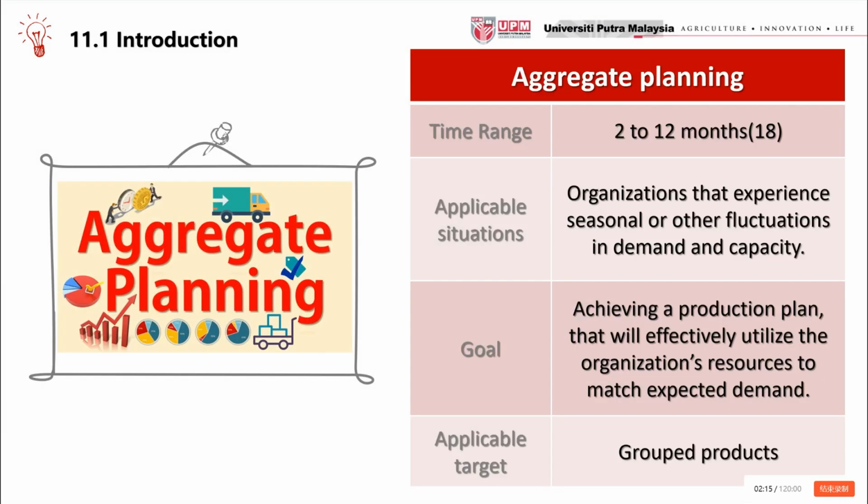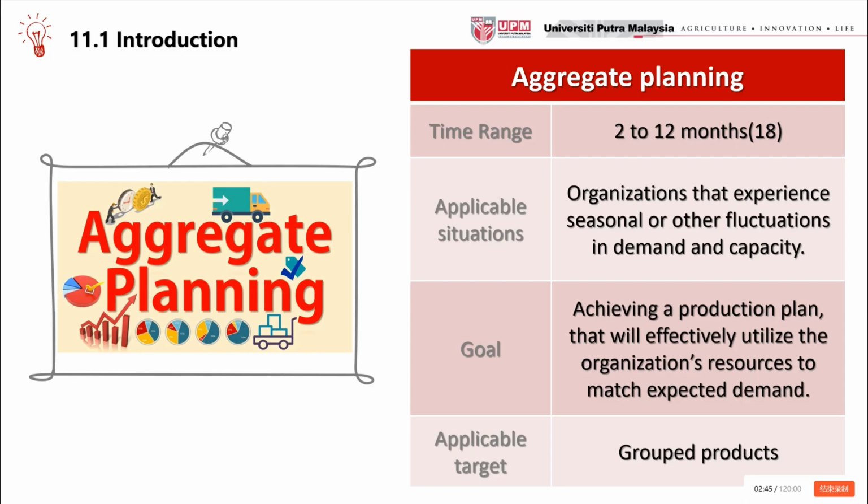Here I extract the key points from the reference book in this table. For aggregate planning, its time range is 2 to 12 months, or sometimes it may extend to 18. Then the applicable situations. Aggregate planning is particularly useful for companies or organizations that experience seasonal or other fluctuations in demand and capacity.